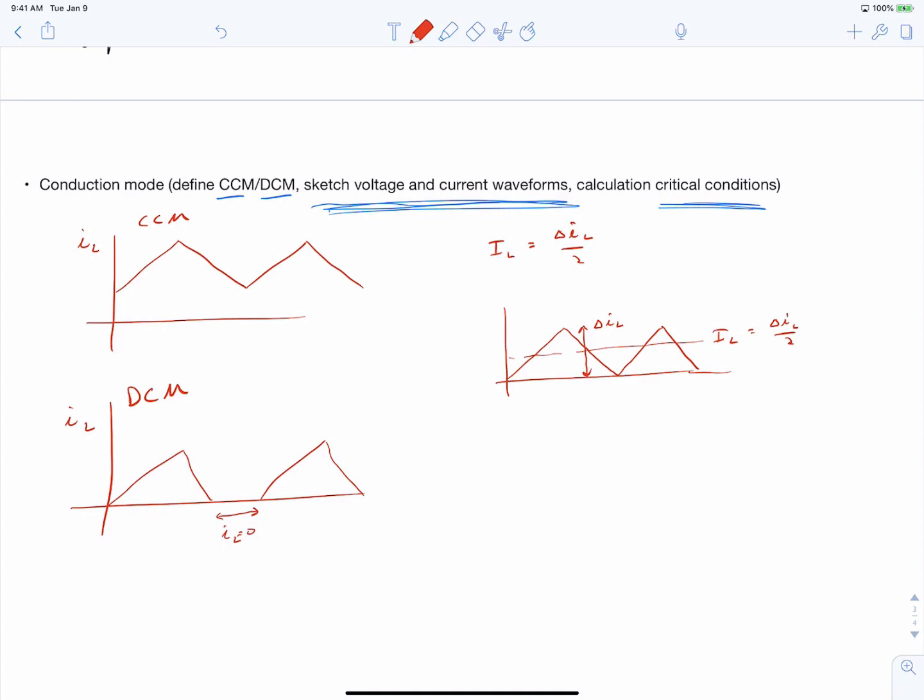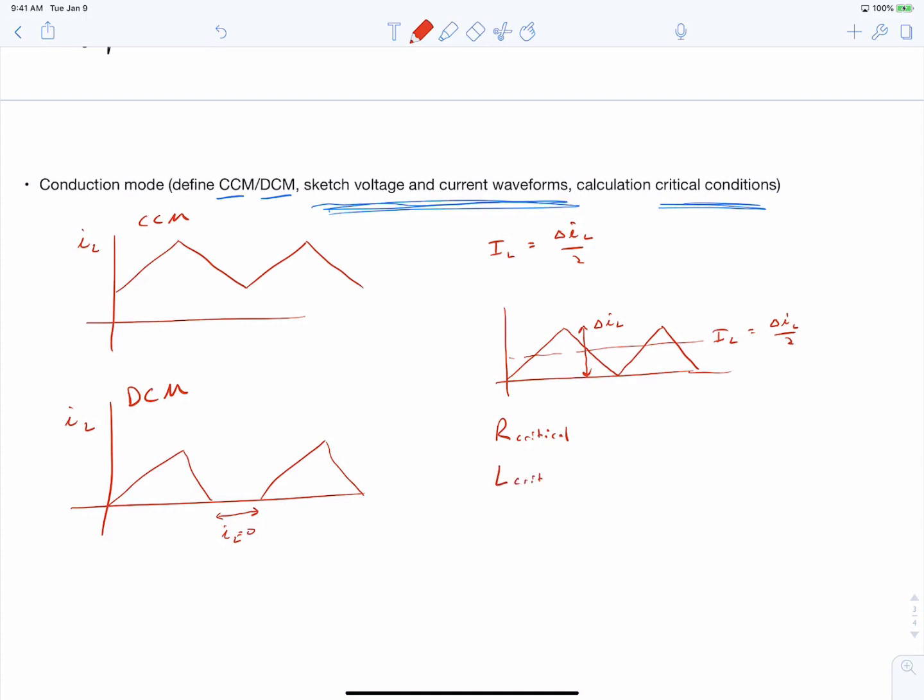And we talked about critical components as being components that are sized to place us in that situation. So if we talk about the critical load resistance, this is the load resistance that if we were to increase it any further, we would enter discontinuous conduction mode. So increasing the load resistance means that we're decreasing our load. We're drawing less power for the same output voltage.